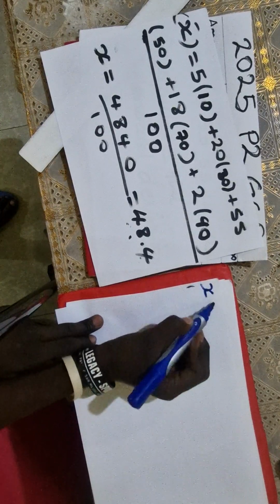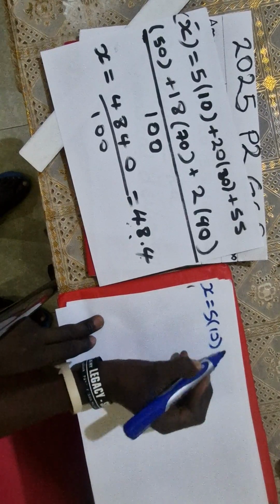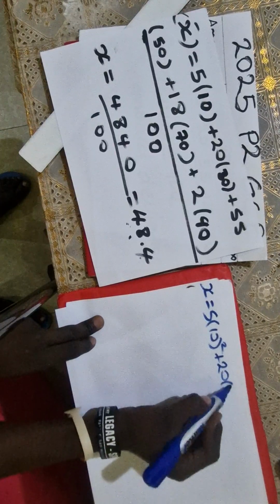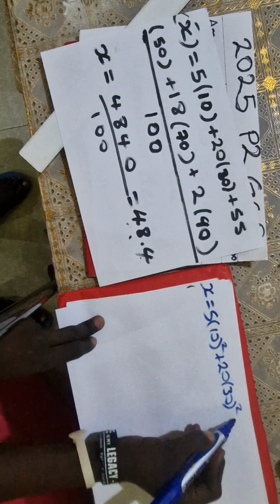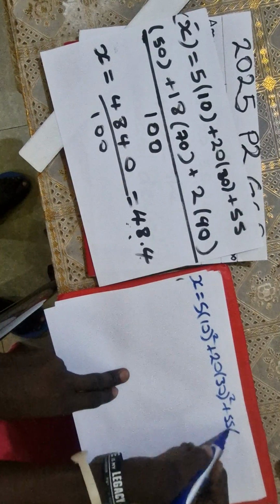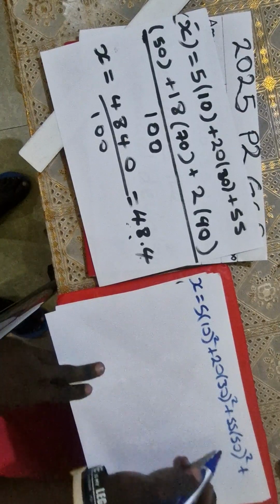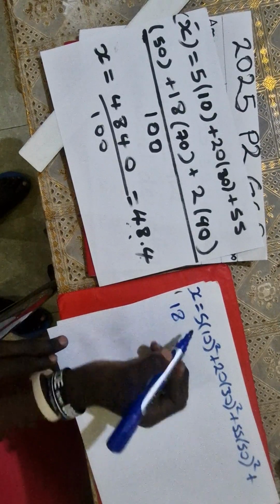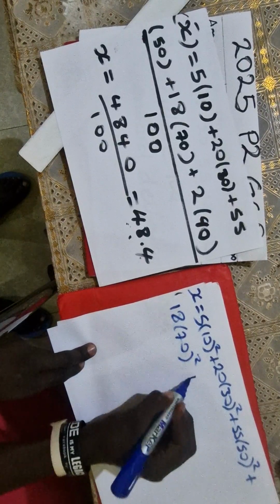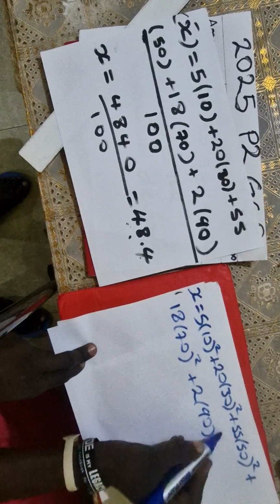So x, we have 5, 10. I'll put the power 2 plus 20, 30, power 2 plus 55, 50, power 2 plus 18, 70, power 2 plus 2, 90, power 2.